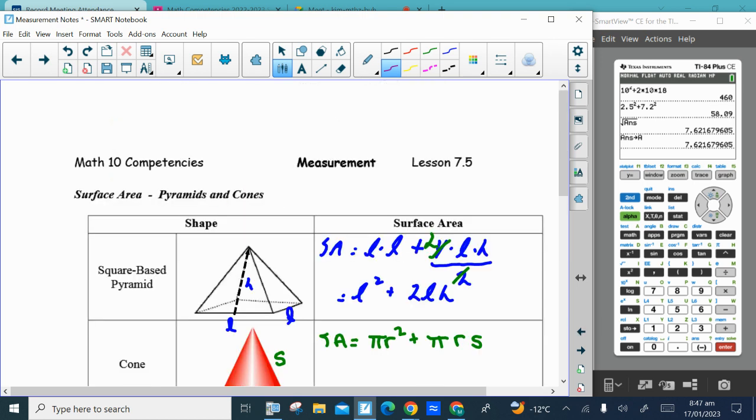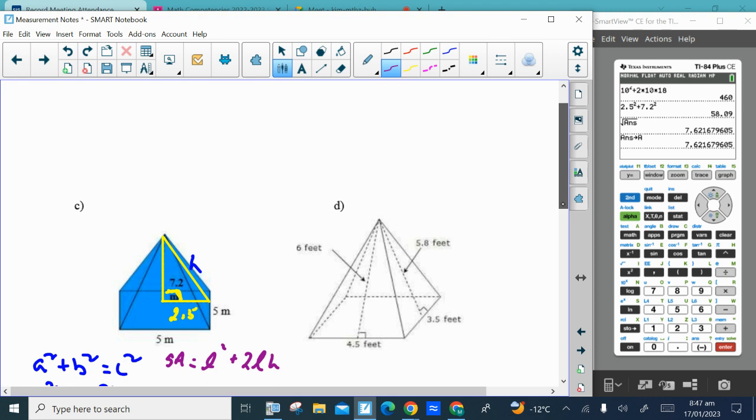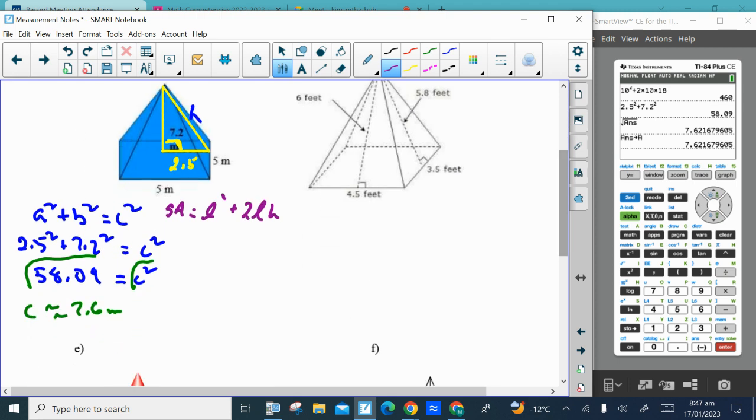That's the formula we had on the previous page. So L represents the length of each edge of the base, which is 5 meters, plus 2 times L again, which is 5 meters, times H, which we found to be 7.6 meters.